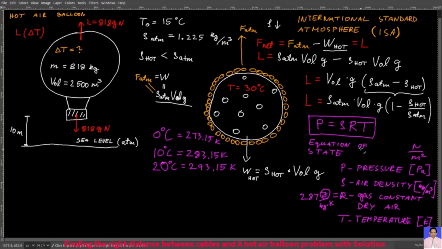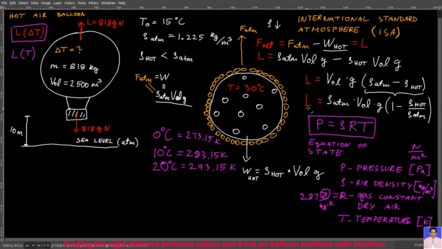And so now, with this equation, you need to obtain this lift formula as a function of delta T, or as a function of simply T as you want, but by the end of the day, you have to answer how much temperature you need to add to 15 degrees Celsius so that this lift force would be able to cancel out this force of gravity due to the balloon.